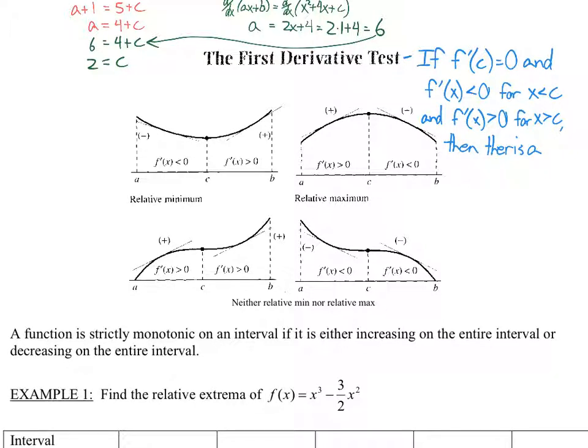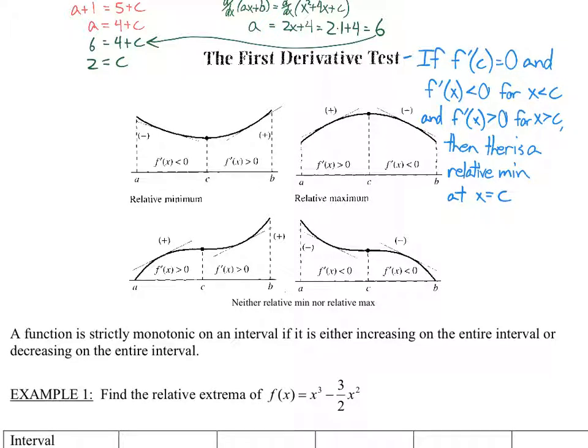A plateau? If the derivative is negative to the left of c and positive to the right of c, then what is there at c? A minimum. A relative minimum. There is a relative minimum at x equals c.